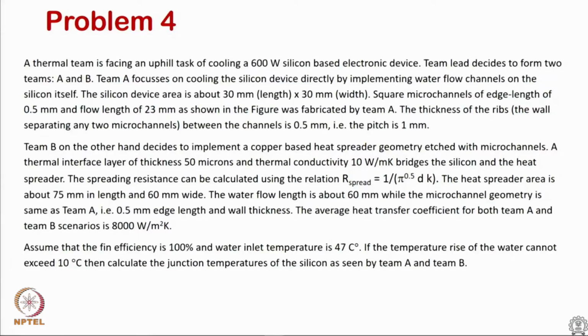So, we will continue from the last module's problem solving, where we wanted to look into two cases. There was a silicon device dissipating about 600 watts, and two teams were working with different solutions for how to dissipate the heat so that the junction temperature is kept below the maximum allowable, which is about 100 degrees Celsius.